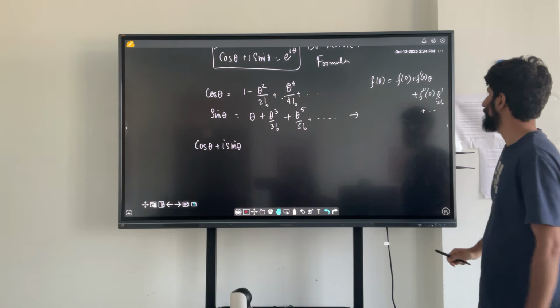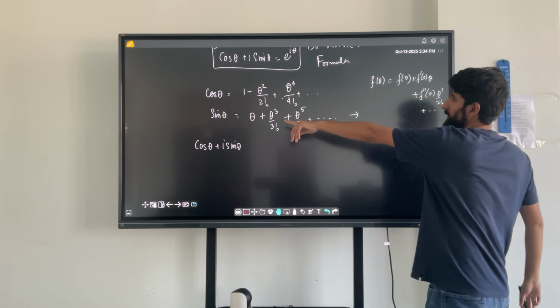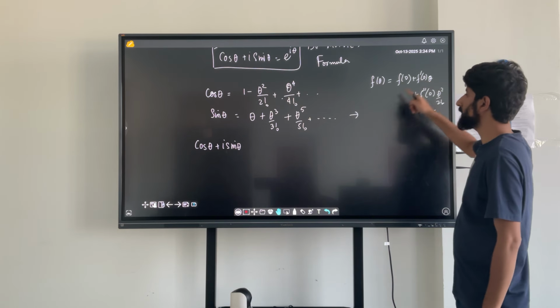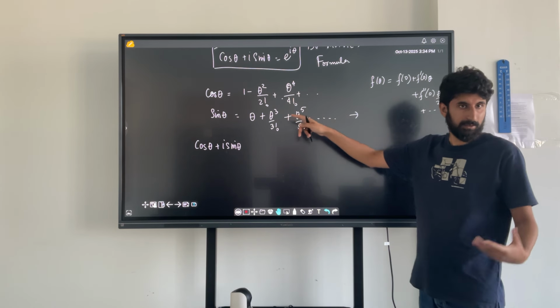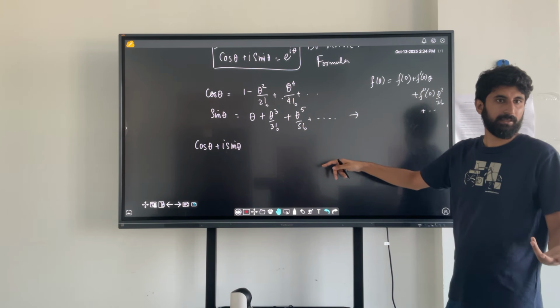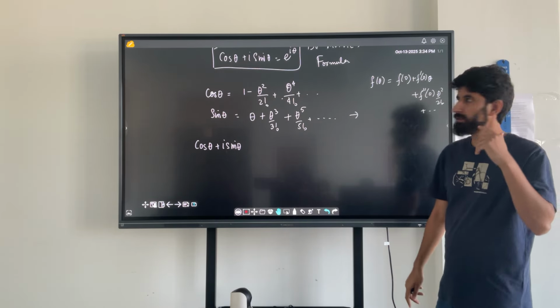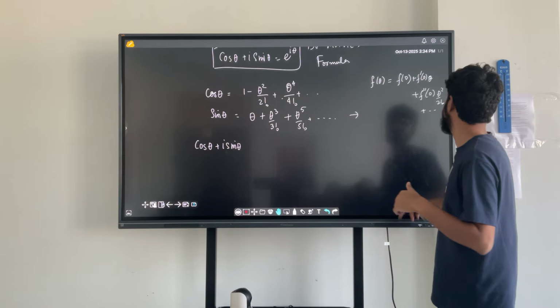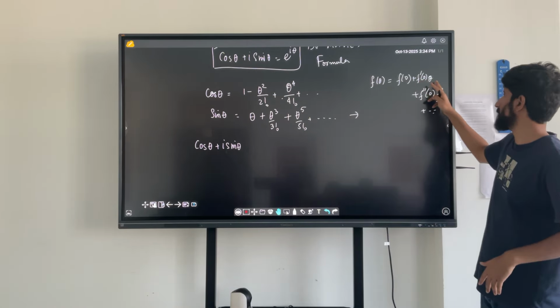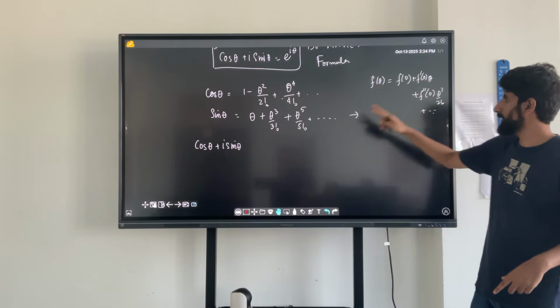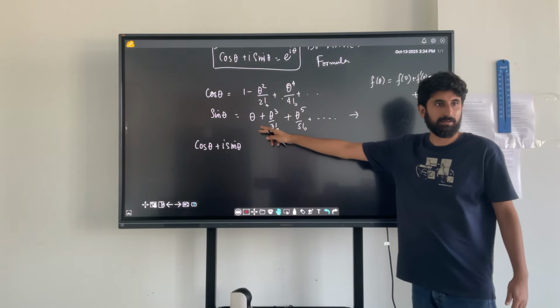So what is sin theta evaluated at 0? It is just 0. Good. So what is the derivative of sin theta? It is cos theta. Cos theta evaluated at 0 is just 1, so I get theta. Is this clear?